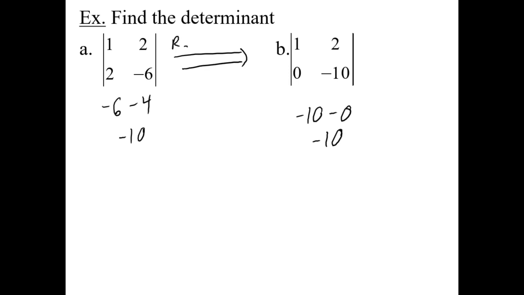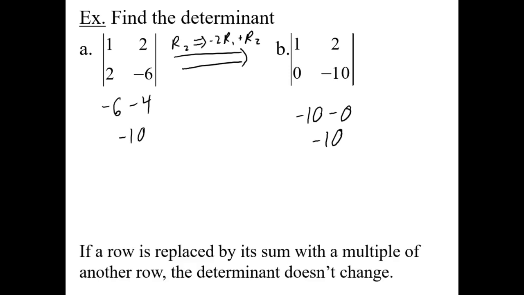Well, row 2 got replaced with, let's see, it looks like it was -2 row 1 plus row 2. Multiply the top row by -2 and then add to the bottom row. So what we're finding here is if a row is replaced by its sum with a multiple of another row, the determinant does not change.